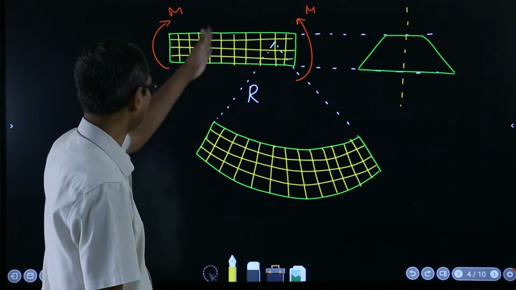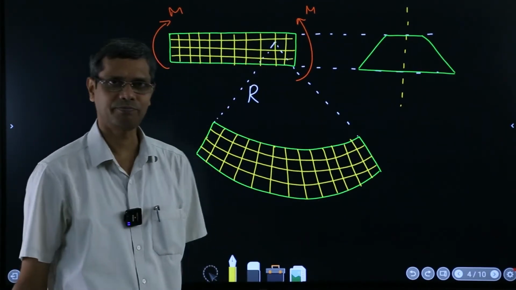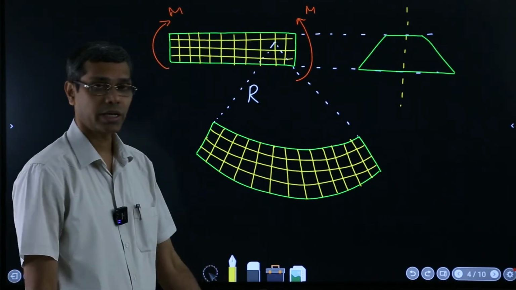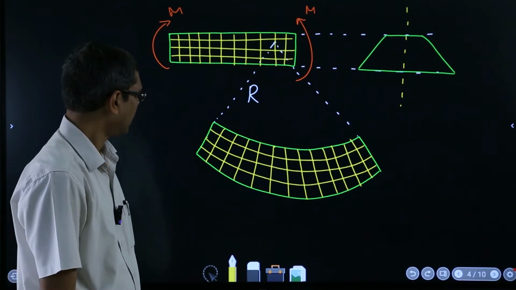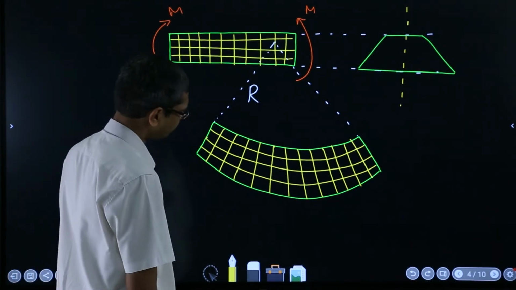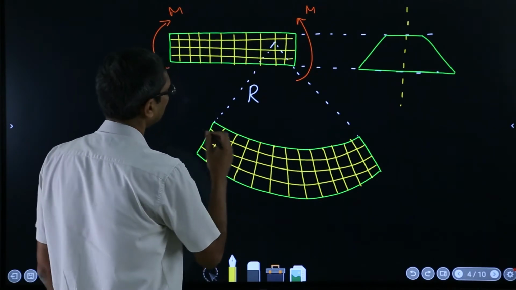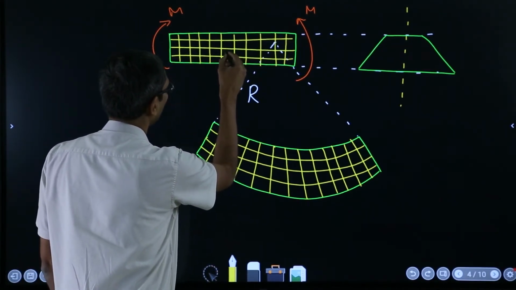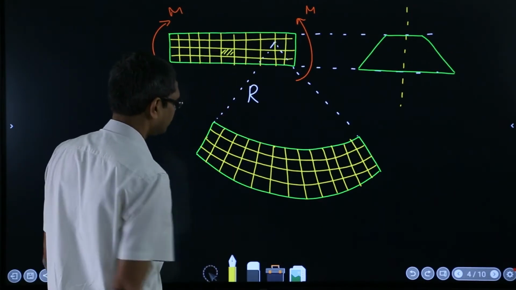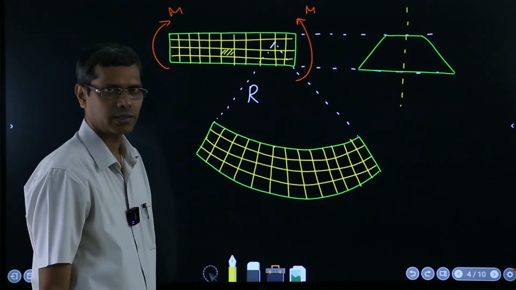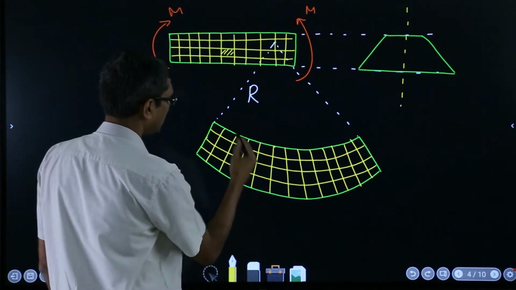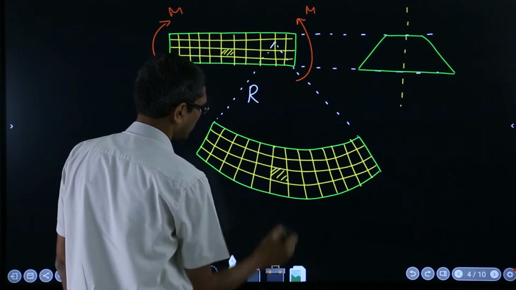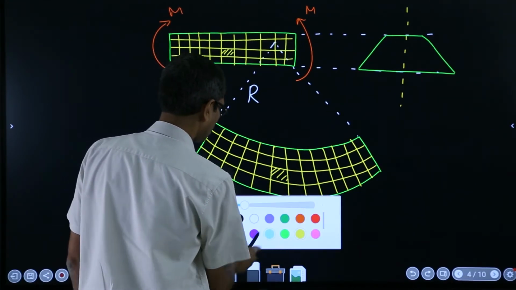Yeah, assume that these number of lines and these number of lines are same. Okay, so this is how the new shape will look like. Now observe one thing, that see, if you consider any of this square or rectangular segment, and suppose that has changed to this, okay. Now think about these angles.